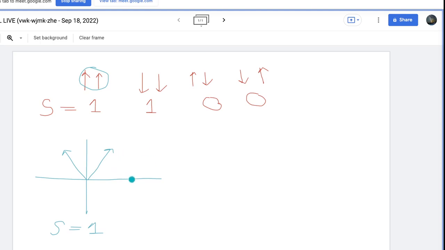These vectors can be arranged in different ways, like this for ms minus half, and in this way.